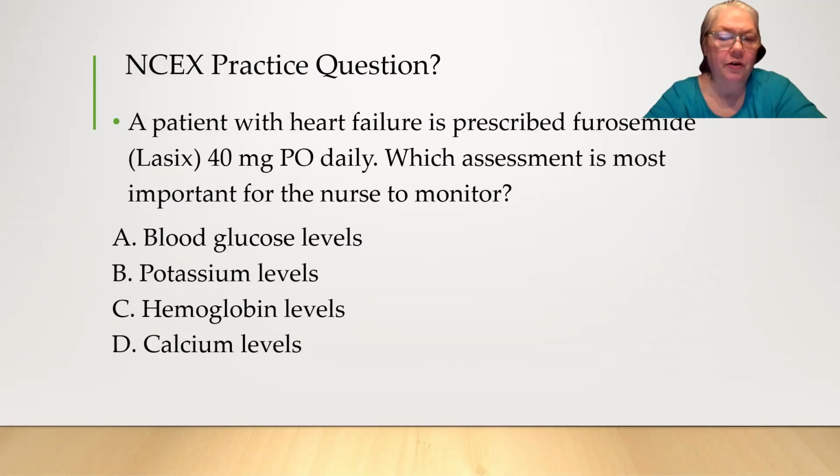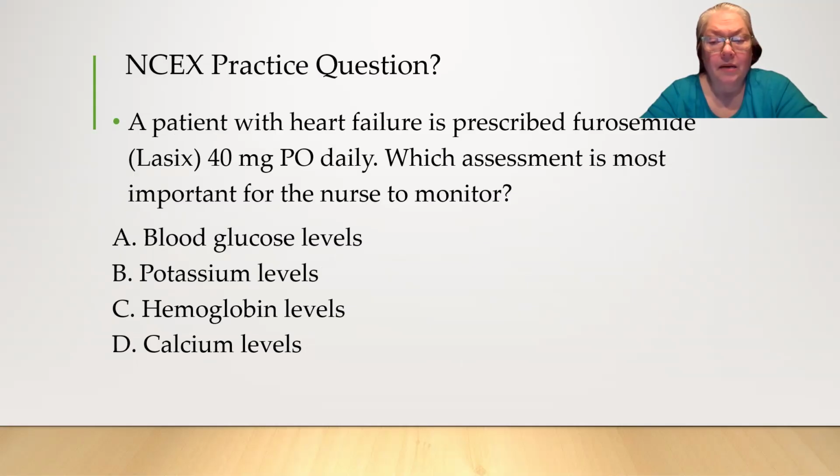Okay, patient with heart failure is prescribed furosemide 40 milligrams PO daily. Which assessment is most important for the nurse to monitor? What is furosemide? If you said loop diuretic, you are correct. Loop diuretics do what? It causes significant potassium loss, so it's potassium.